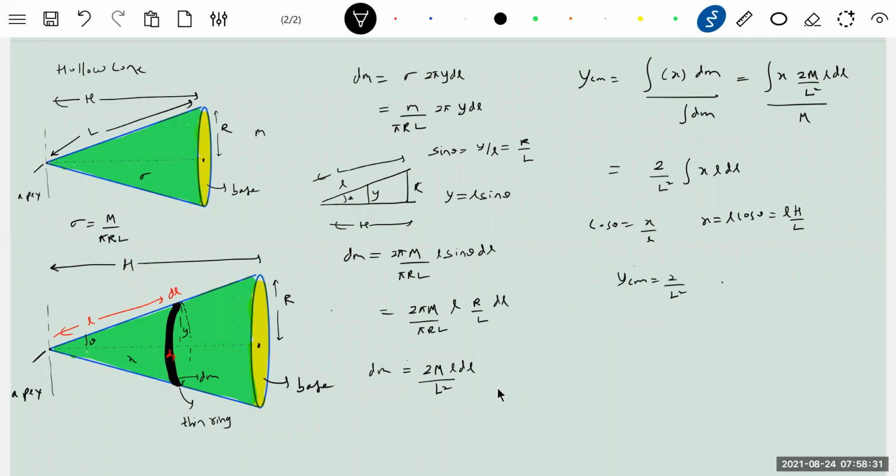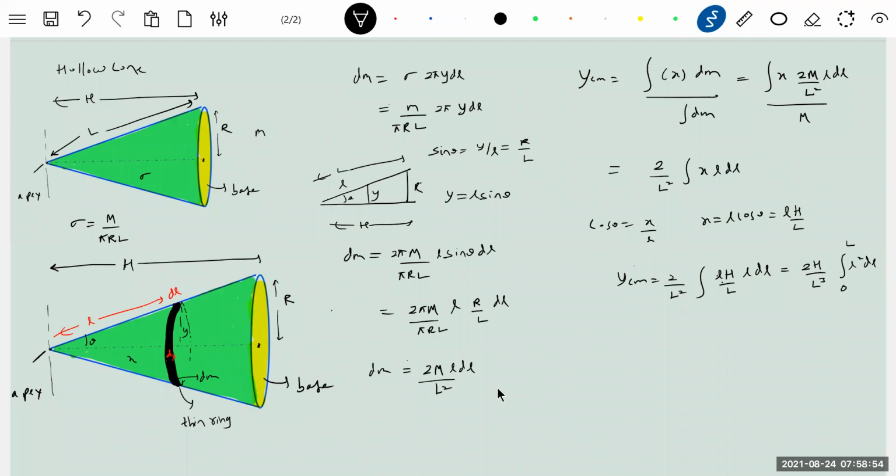YCM is 2 by L square, small l, capital H by L, into l dl, which is 2h by L cube, l square dl. What should be the limit of slant length?